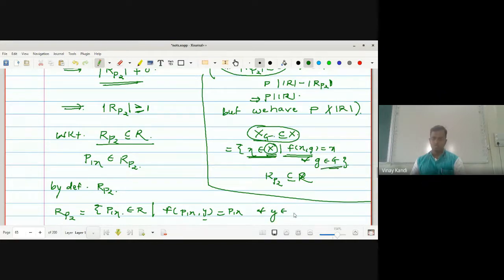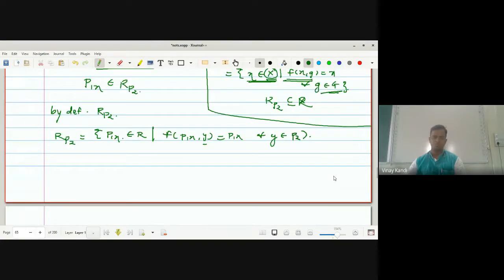So this is the definition of RP2. If P1X is the element belongs to RP2, then it holds this condition. So this implies f of P1X comma Y is equal to P1X for all Y belongs to P2.